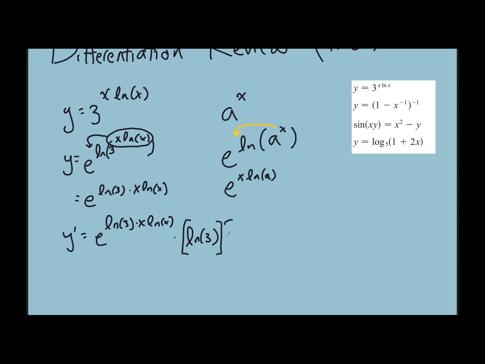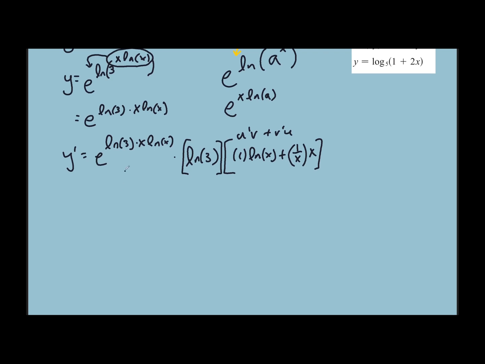And it's going to be multiplied by our product rule, u prime v plus v prime u. And that's our x ln of x here. So u prime is going to be 1. v is ln of x. v prime is 1 over x. Thank God for that. And u is x. This might not be so ugly now that we've worked it out.